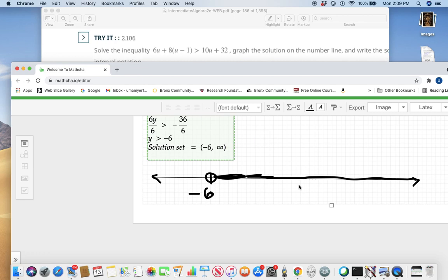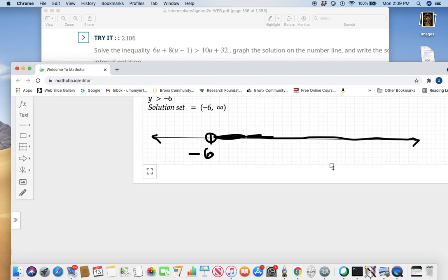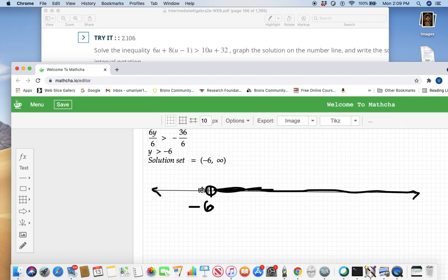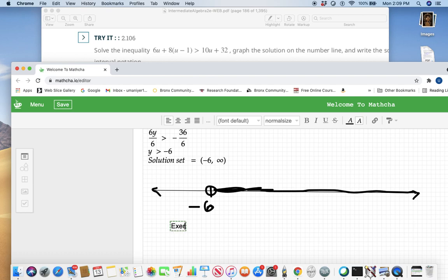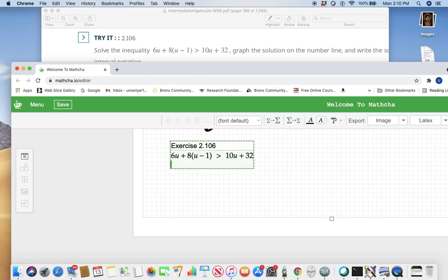Let's try one more example, 2.106. Okay, 6u plus 8 times (u minus 1) is greater than 10u plus 32.